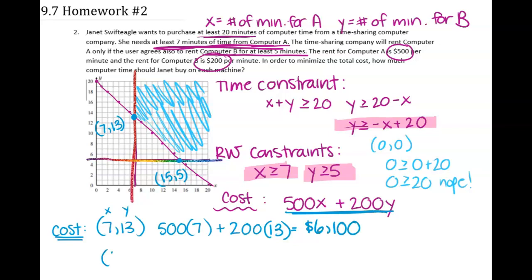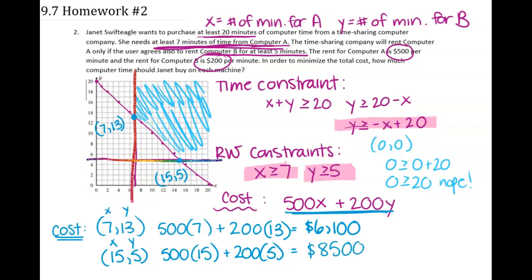The cost for 15, 5 is 500 times 15 plus 200 times 5 equals 8,500.